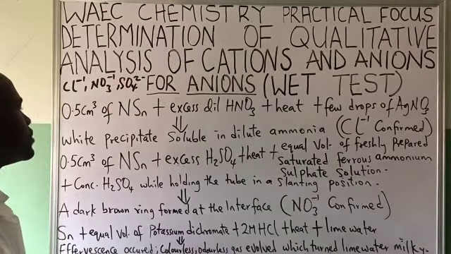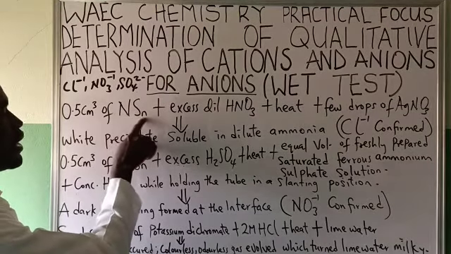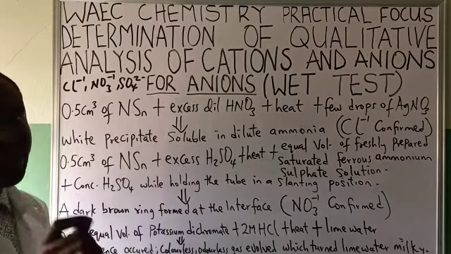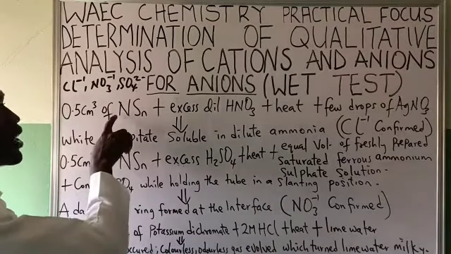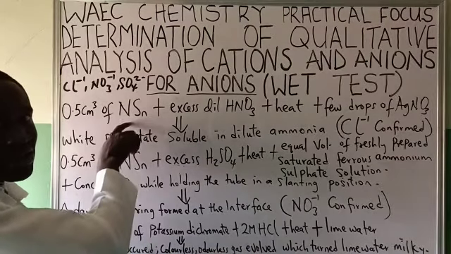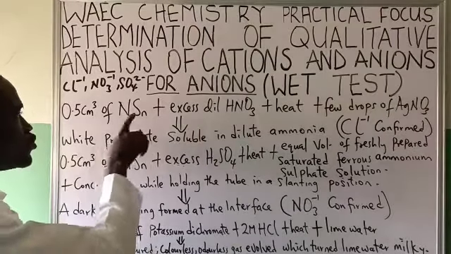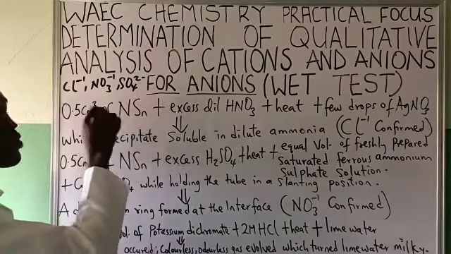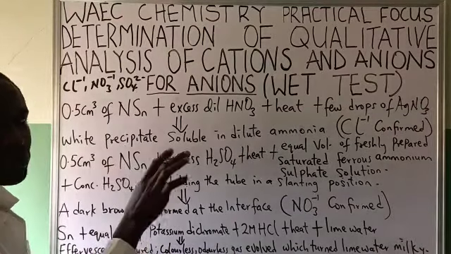Okay, so that is where we go for chloride. To confirm it, remember we said we are using NSN to denote our sodium carbonate extract of that salt. That does not mean you must write NSN. Write your own in full: sodium carbonate extract of the salt, 0.5 cm cube of sodium carbonate extract of the salt, plus.